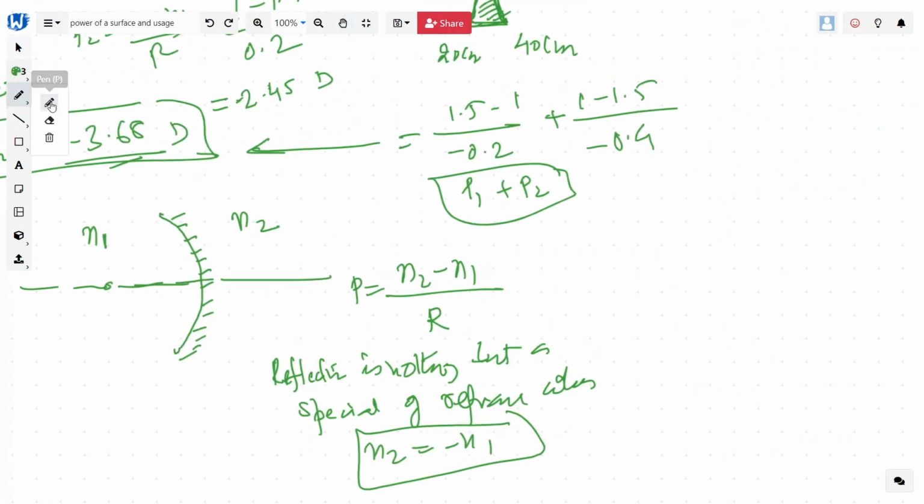So we said that in the example where we have this surface and the ray of light is coming like this at an angle of incidence I, and it's getting reflected at I, right?